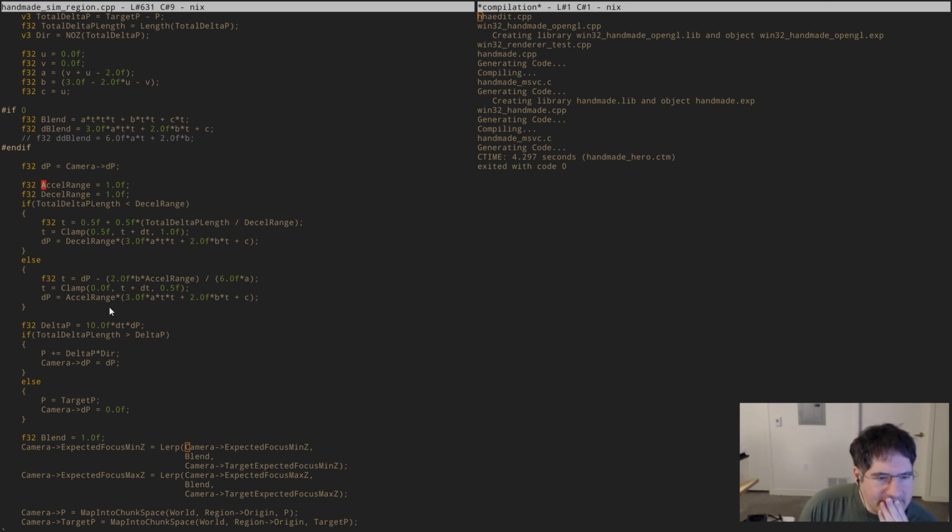So okay. So looking at the accel and decel range there, and just thinking it through a little bit better, I'll probably leave thinking about this because I want to percolate on it and think about what we might be able to do here that's a little bit better.